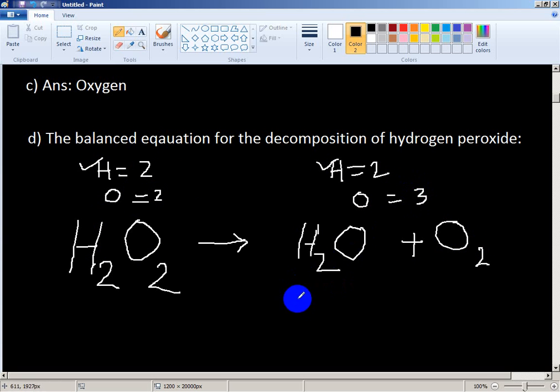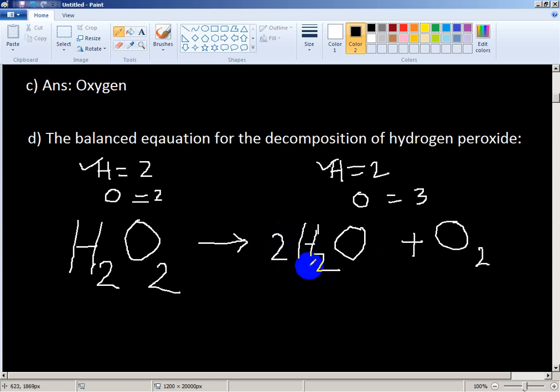So oxygen is not balanced. So how can we balance oxygen? Here oxygen is 2. If I put 2 here, now oxygen will be 2, but now hydrogen becomes 4.